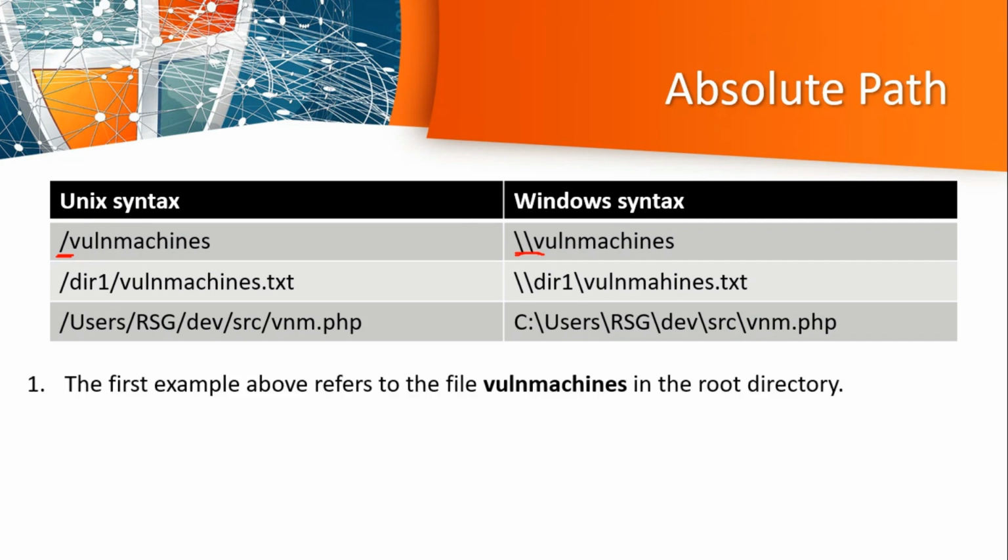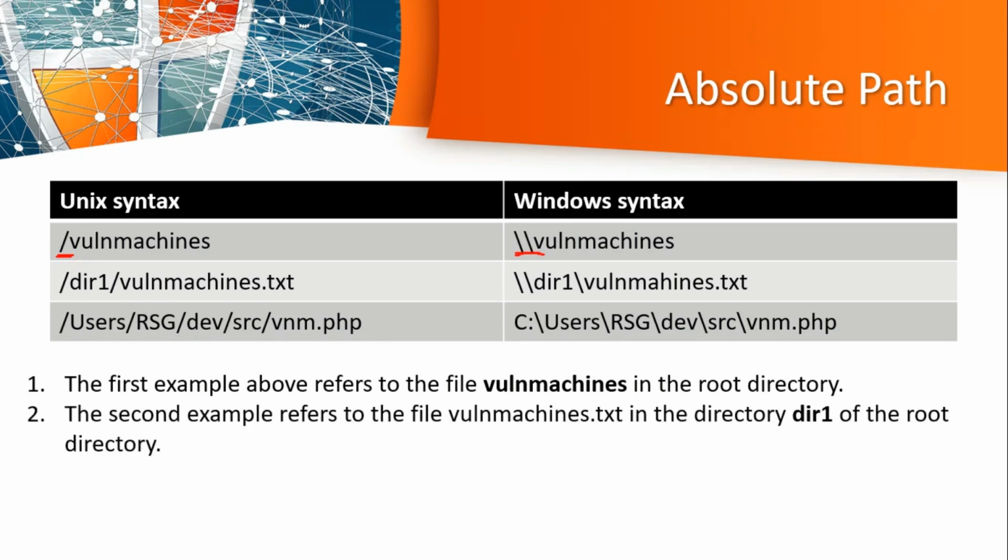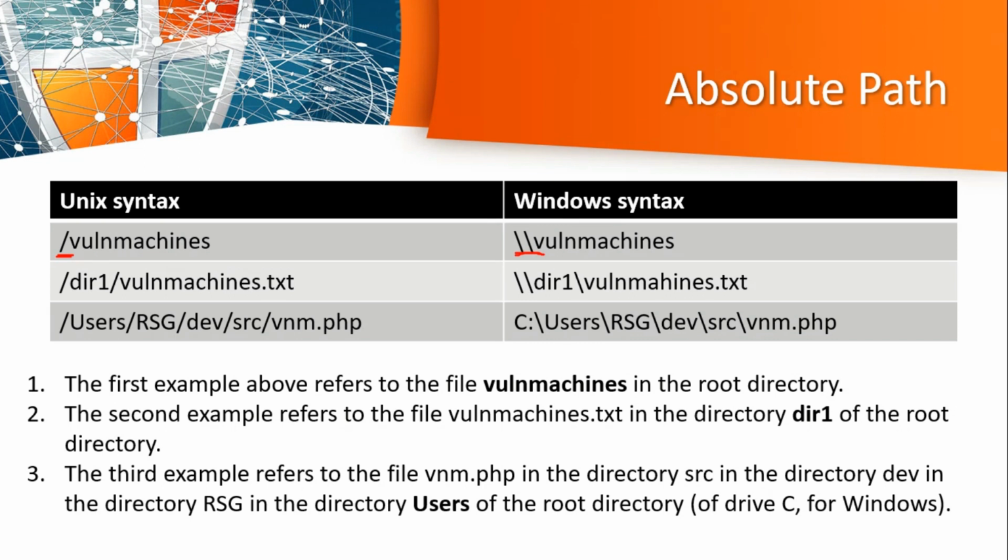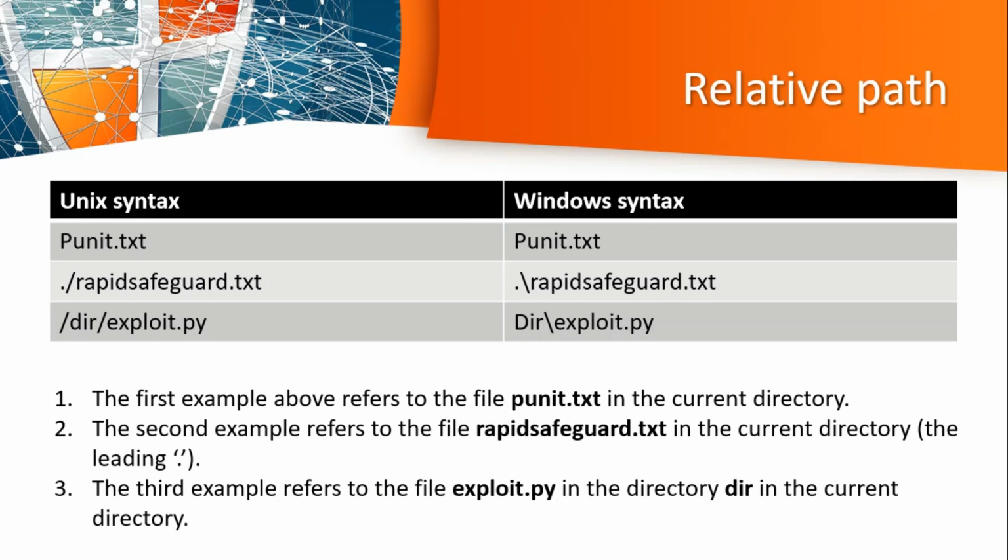As you can see in the first example, vulmachines is the root directory, and in Windows it is given by the backslash. In the second example, vulmachines.txt is a file, and the root directory is dir1. In the third example, users is the root directory, and in the Windows example, the C drive is mentioned. So the drive may be mentioned like C drive or D drive, as I told you earlier.